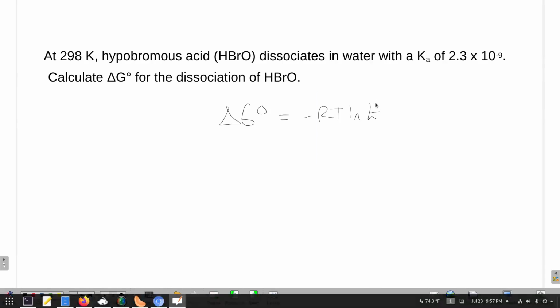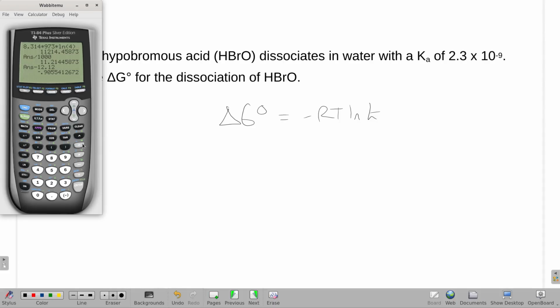So to get the delta G naught for this, I really do just take 8.314 times the temperature times the natural log of our K. Now before I enter, do you expect your delta G to be big or small for a weak acid?